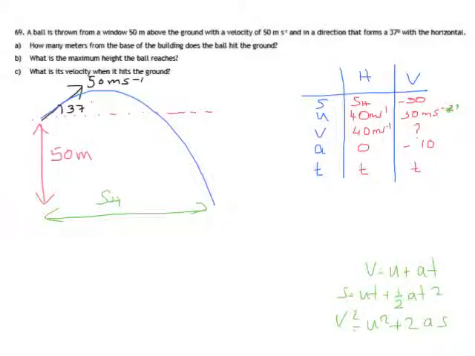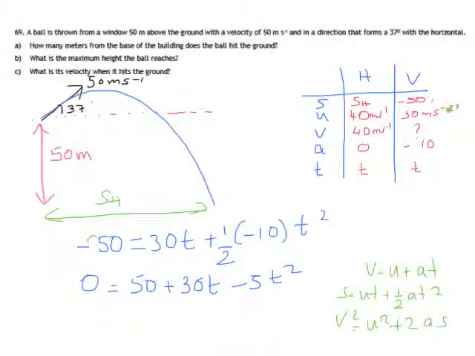So we're going to use the vertical components to find time using this equation. That would give us S, which is minus 50, equals U, 30, T plus half times minus 10 T squared. Tidy that up a little bit to make naught the subject of the equation. Okay, so now this is our final quadratic equation.